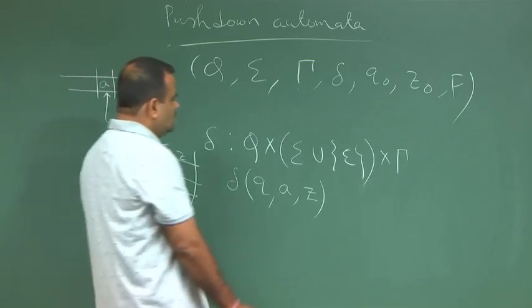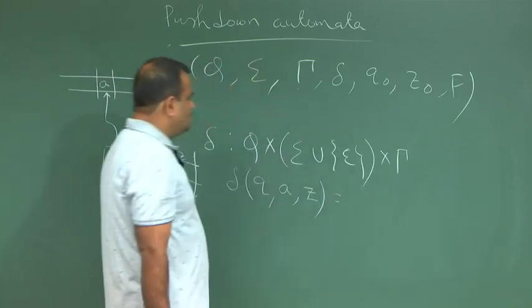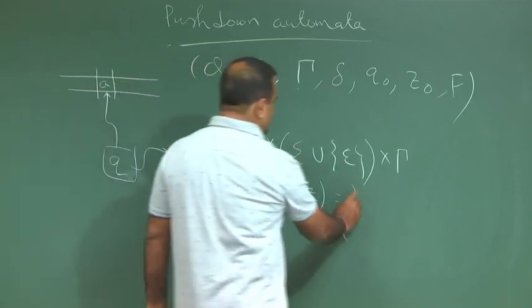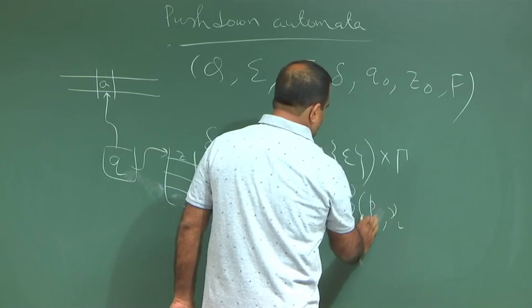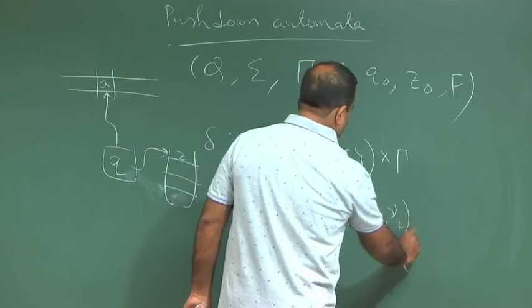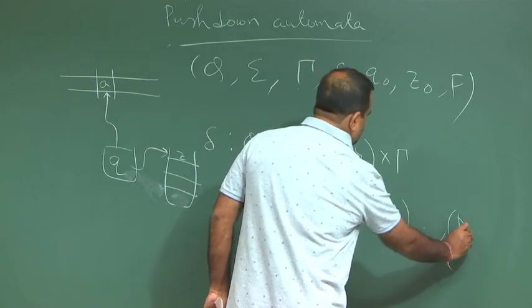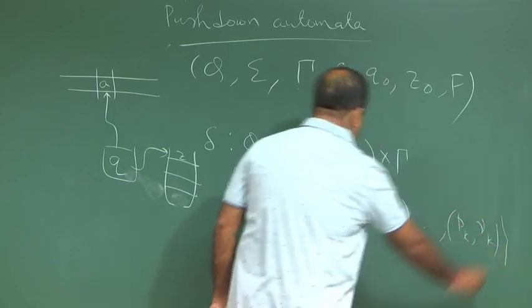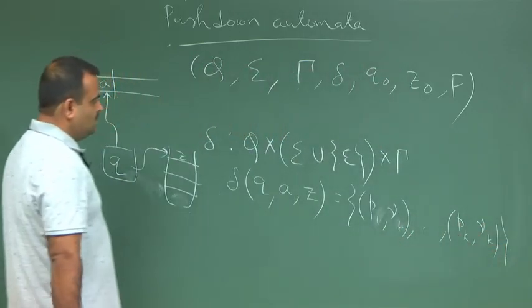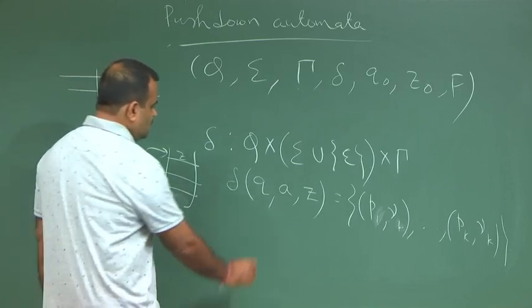This is non-deterministic, so it will consist of some sets like (P1, gamma 1) up to (Pk, gamma k). Now suppose we have an option here, a non-deterministic move.